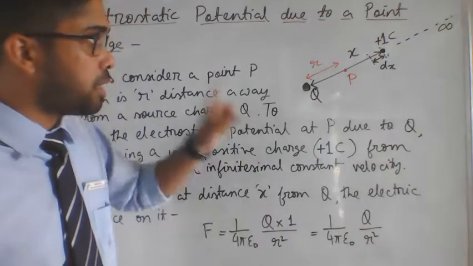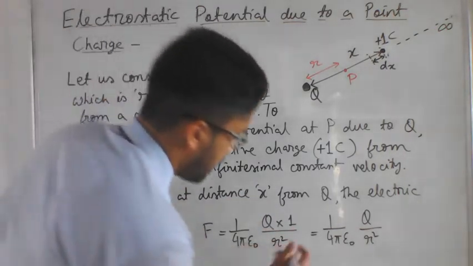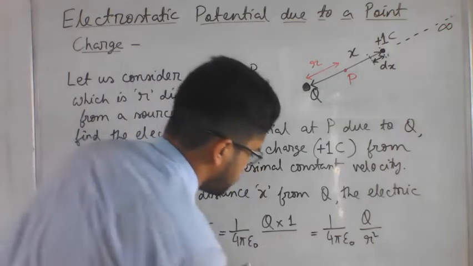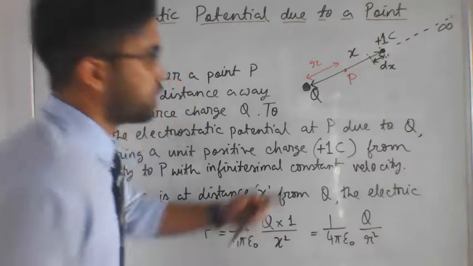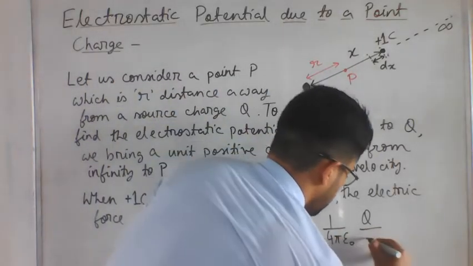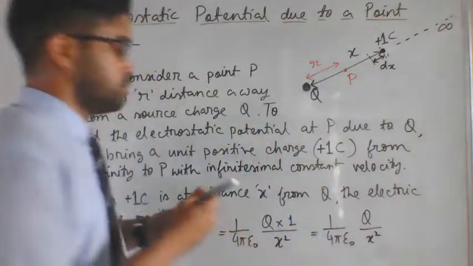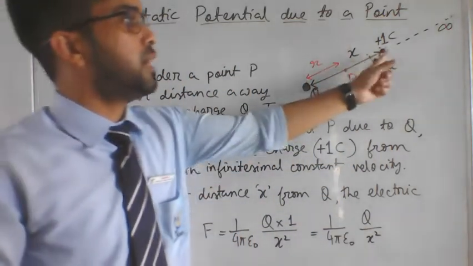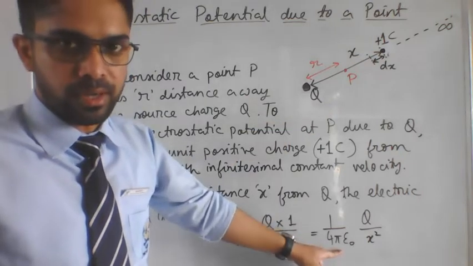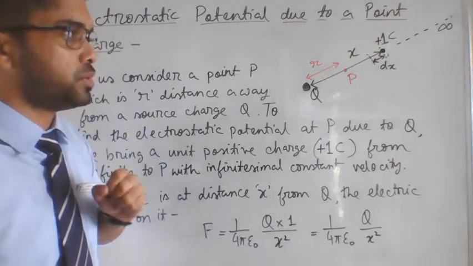By the way, by mistake I wrote r here, so kindly correct this as x square, because right now we are talking about the distance x. So please correct this as x square, because the distance at this location is x. That's how we can find the force.